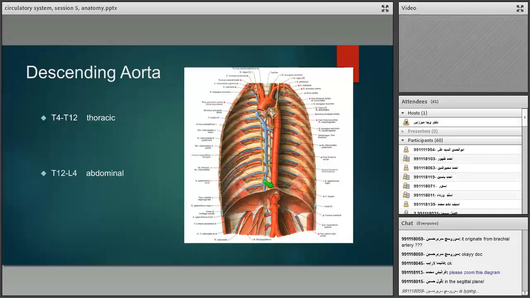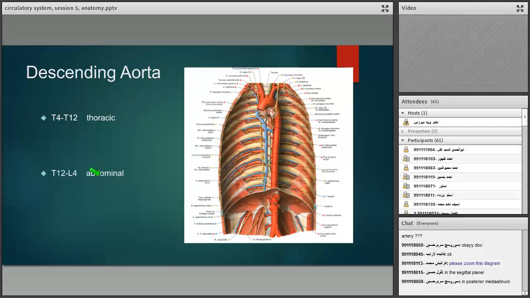From T4 to T12 or the 12th thoracic vertebra, we call that the thoracic aorta because it is placed inside the thoracic cavity. And from T12 to L4, it is called the abdominal aorta.